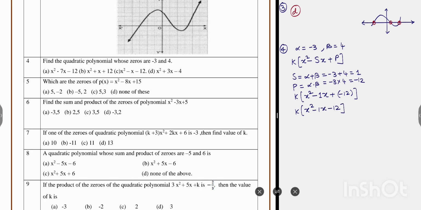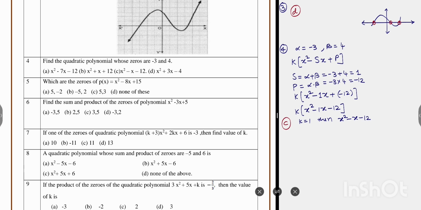So k can be any number. Here the coefficient of x square is 1, so k is equal to 1. Then our polynomial is x square minus x minus 12. Which option is correct? Option C is correct. Question number 4, option C is correct.